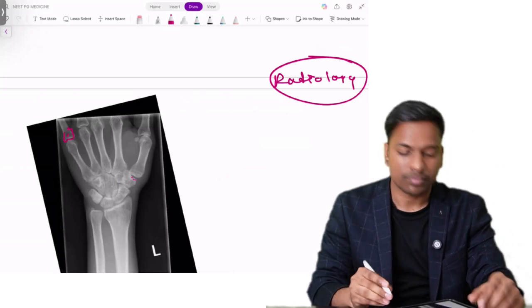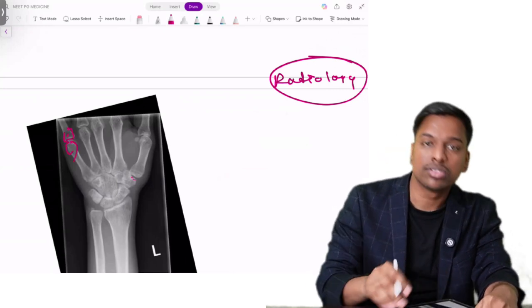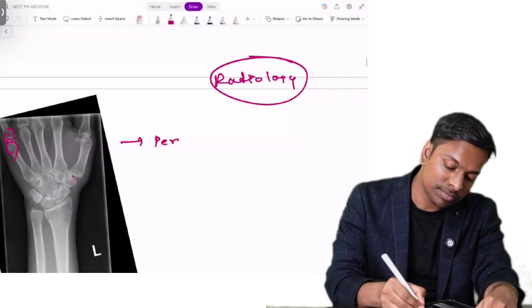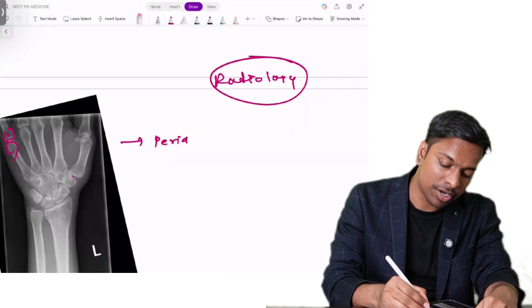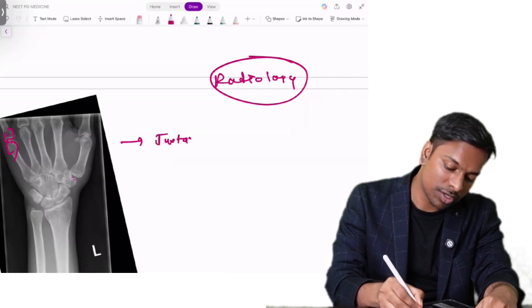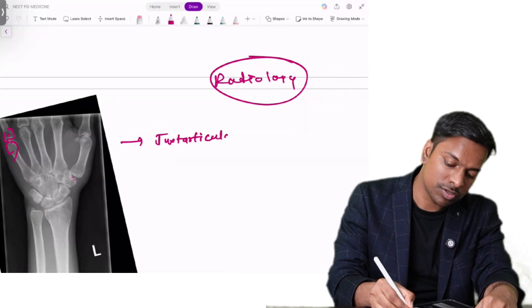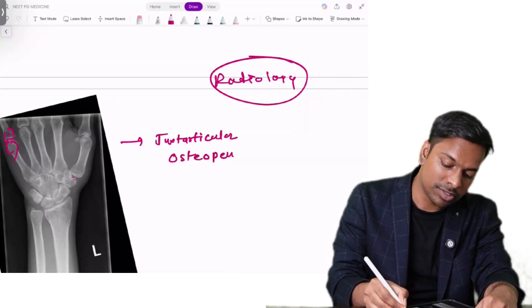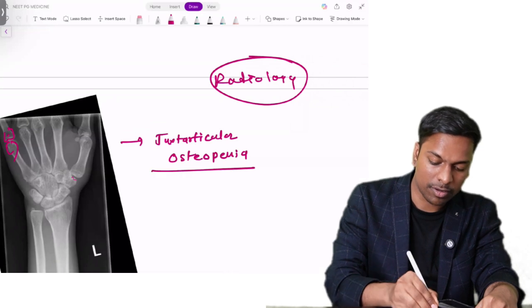Near the joint, that is called periarticular or juxta-articular osteopenia. Juxta-articular osteopenia is one of the very important findings, right?